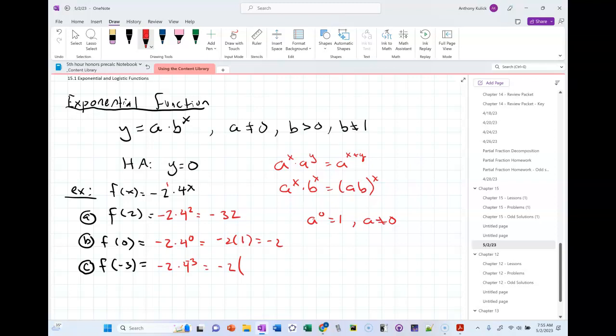It makes a reciprocal. So 4 to the third is 64. So negative 2 times 1 over 64 is negative 1 over 32.